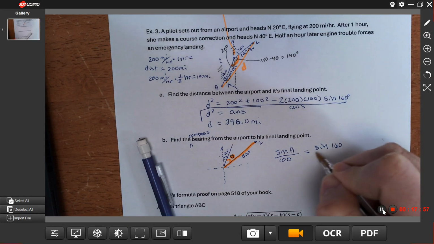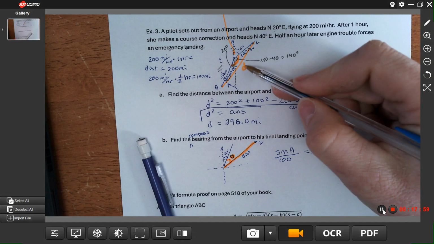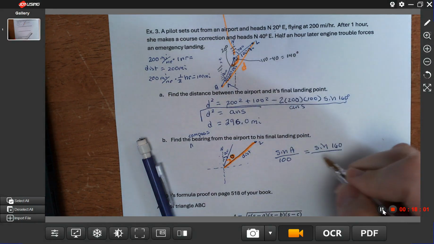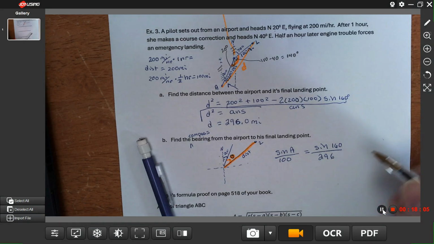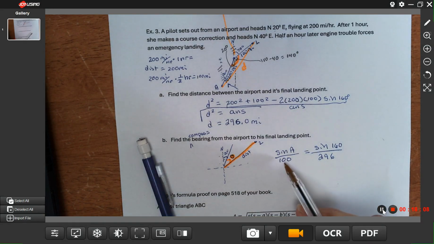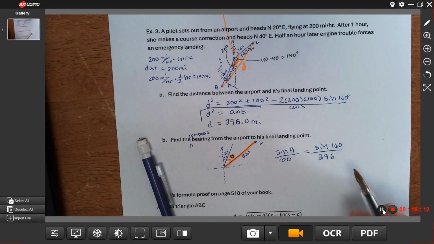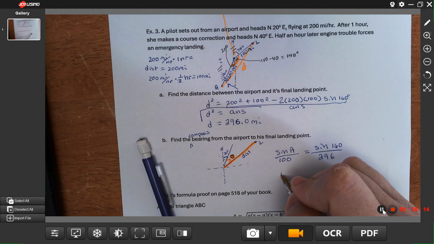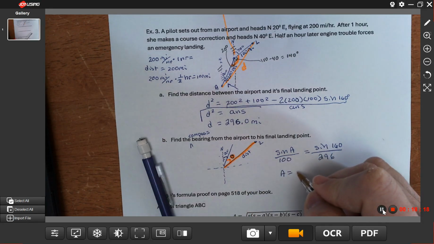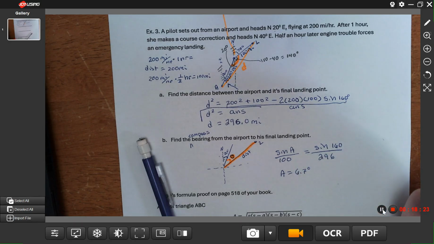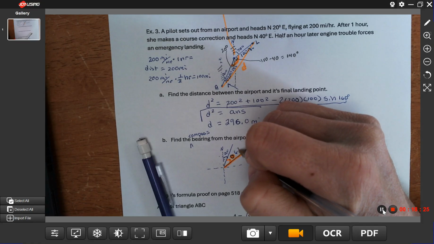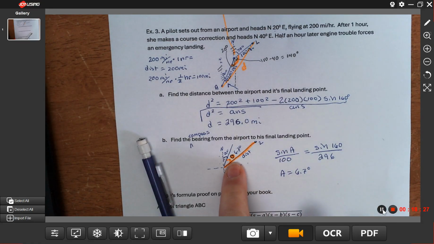So sine of 160 over, that was the distance that we found, which was 296. So a couple of steps, you get sine of A equals something, you take the inverse sine, and you find that angle A, which I called theta here, is 6.7 degrees. Okay, so this is 6.7 degrees, so it's not to scale in my diagram.